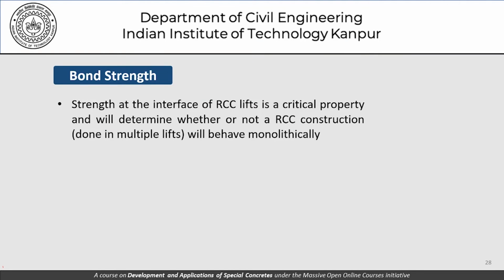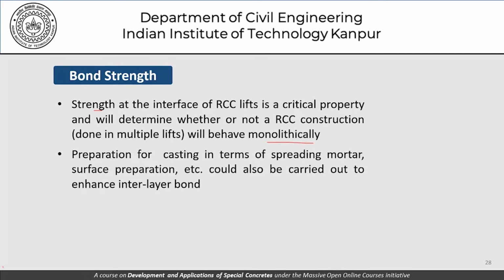Continuing our discussion with the properties of the RCC. As far as bond strength is concerned, we've talked about it briefly before. The strength at the interface of the RCC lift is a critical property and will determine whether or not the RCC construction, which is often done in multiple lifts, will behave monolithically.